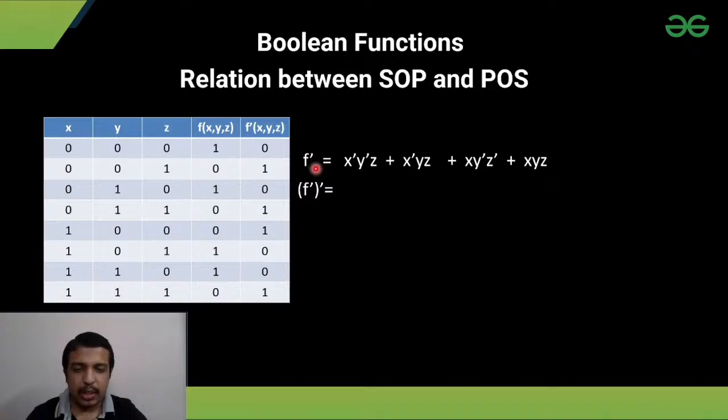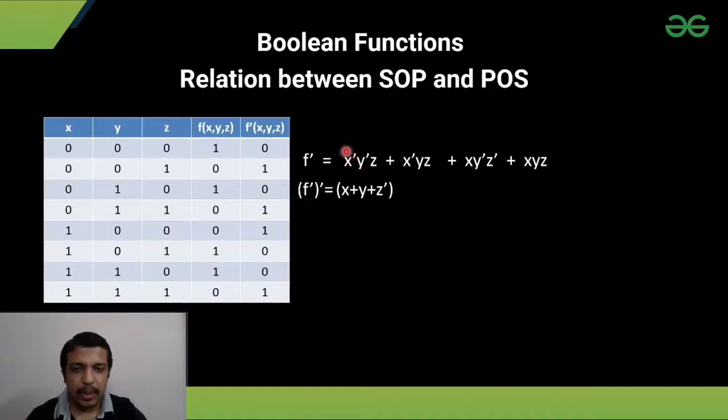And for this complement of f complement, we can use De Morgan's theorem. If we apply De Morgan's theorem in this, this and changes to or, and all the literals get complemented.